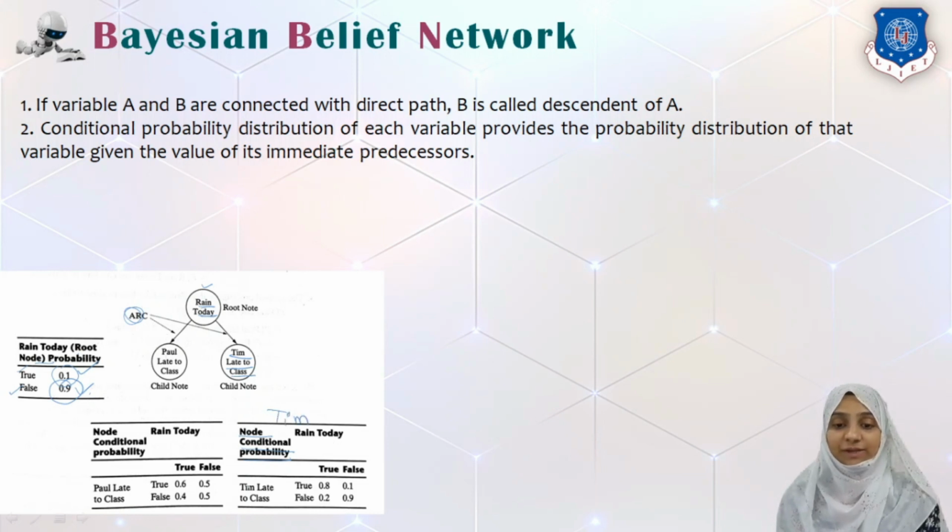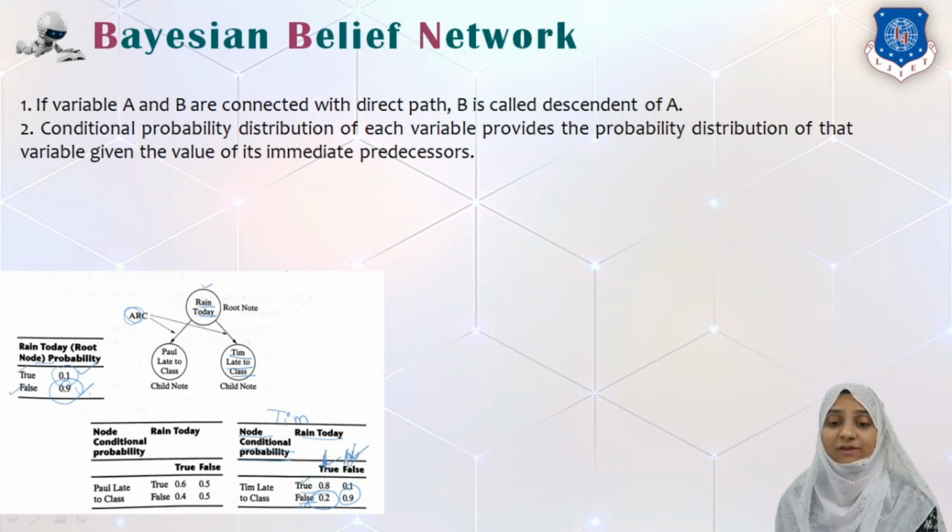Okay, so Tim can be late to class. There are again two different possibilities: either Tim gets late to class or Tim does not get late to class. But we must consider its predecessor's output also: Tim is getting late to class and rain is there; Tim is getting late for class and rain is not there; Tim is not getting late for class given that rain is there; and Tim is not getting late for class and rain is also not there.